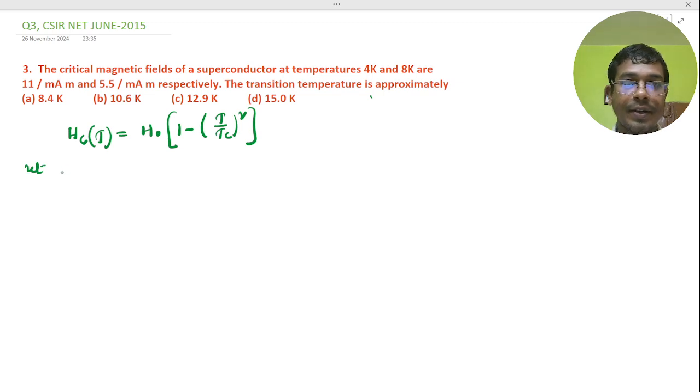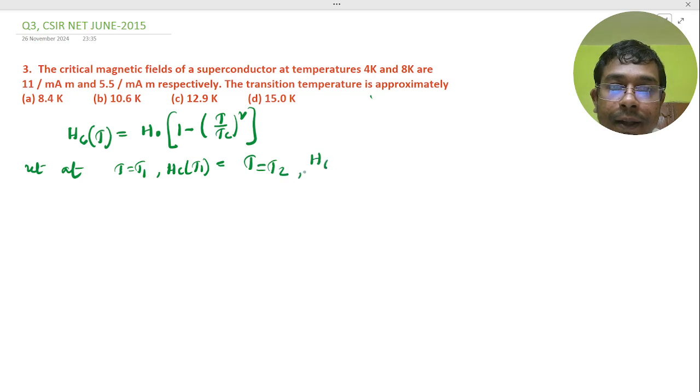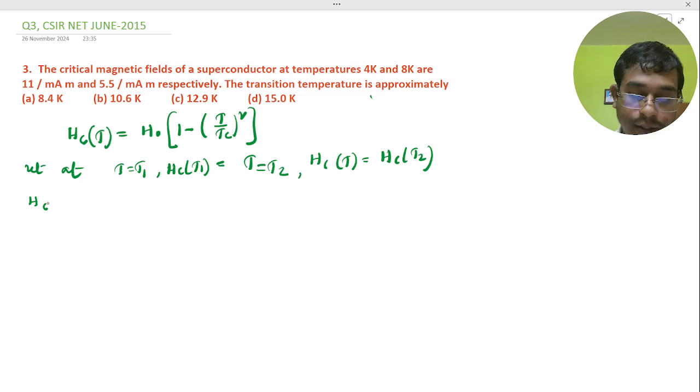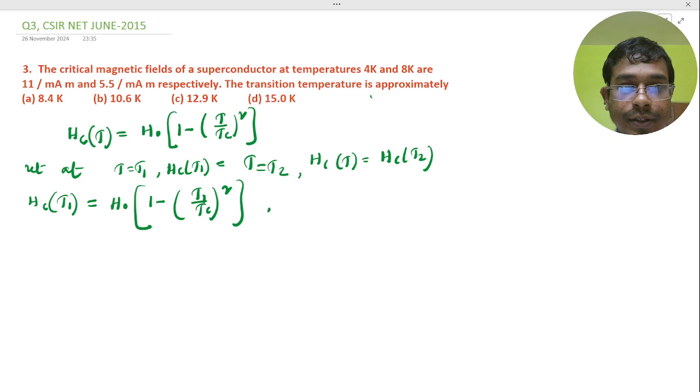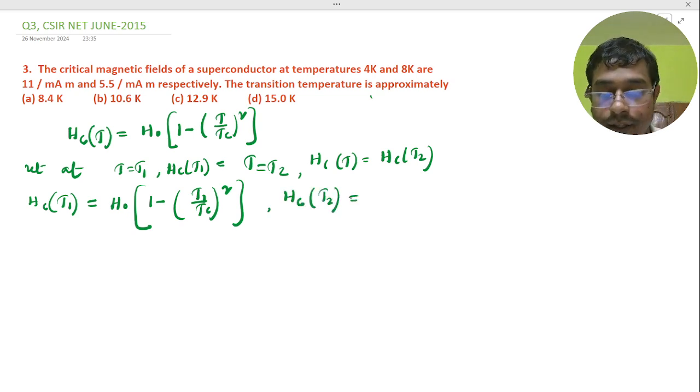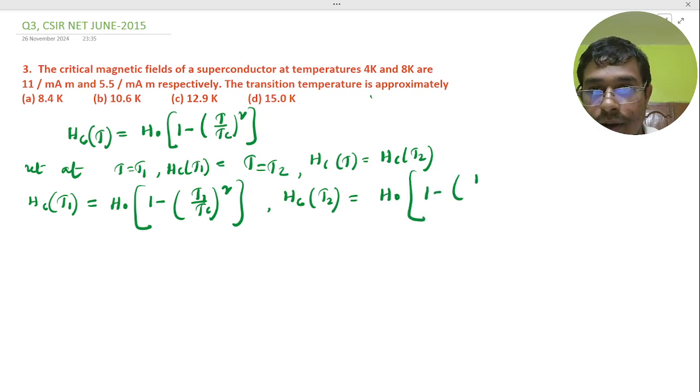We just find that at t equal to t1, Hc(t1), and at t equal to t2, Hc(t) would become Hc(t2). So Hc(t1) is H naught times 1 minus t1 by tc whole square, and Hc at temperature t2 is basically H naught times 1 minus t2 by tc whole square.